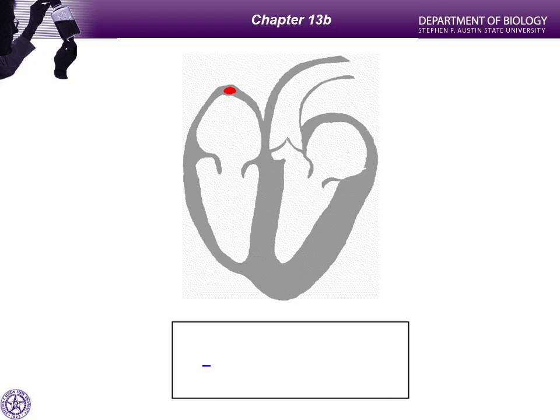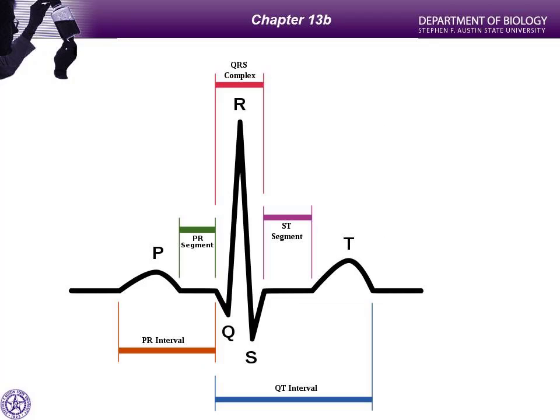So clinically speaking, we don't just look at the waves, but we also look at possibly the regions including or the regions between. If you're looking at the region between waves, that's called a segment. If you're looking at portions that include a wave, those could be referred to as an interval.